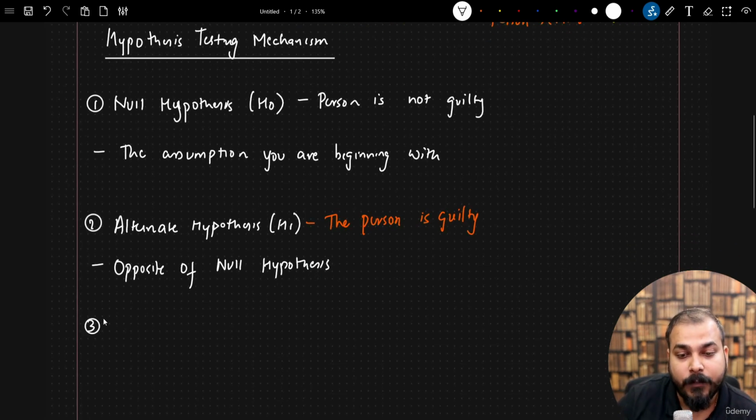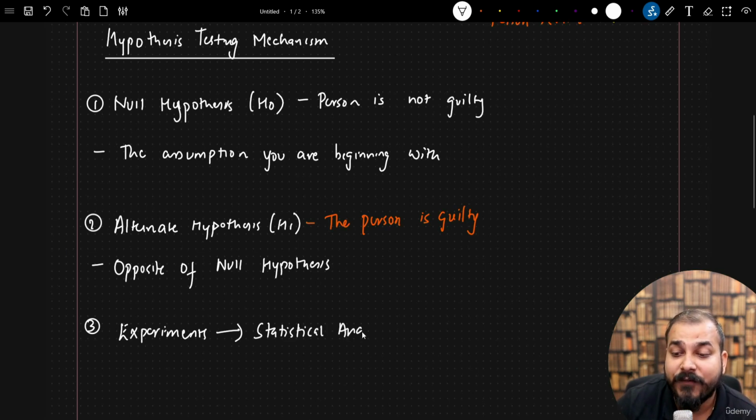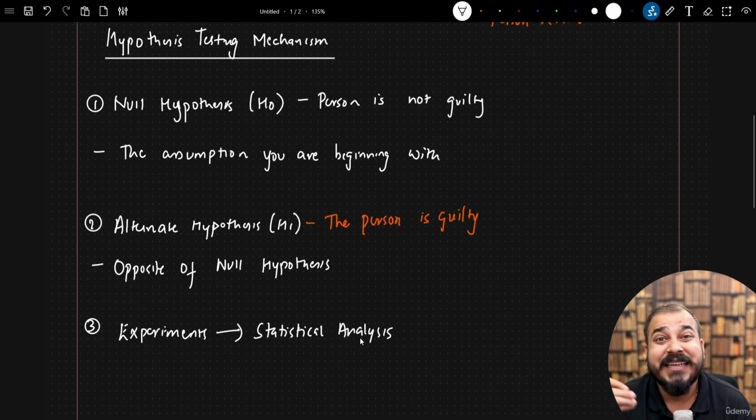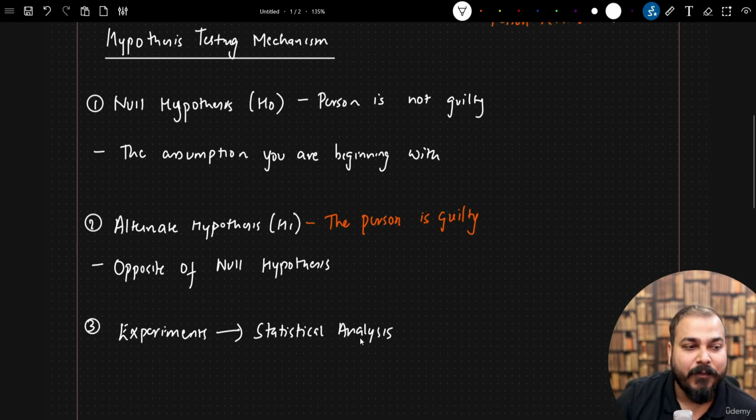Okay, now coming to the third step. What is the third step? Here we perform some kind of experiments. Whenever I say experiments, that basically means we perform statistical analysis. There are different types of statistical analysis with respect to sample data and population data that we use, like Z-test, T-test, chi-square test, ANOVA test, F-test. All these things we'll be learning as we go ahead. But in this problem statement, whether a person has committed a crime or not, here we collect proofs.